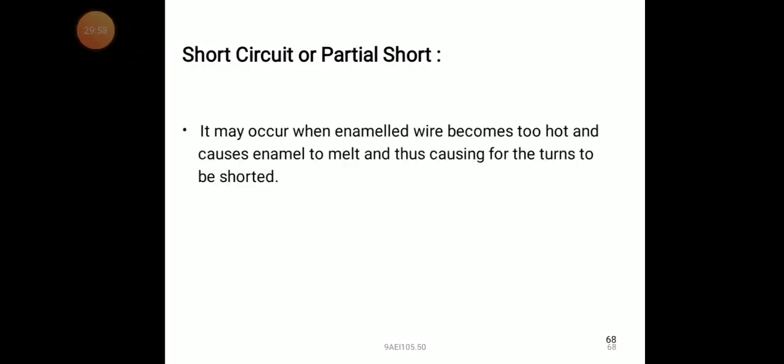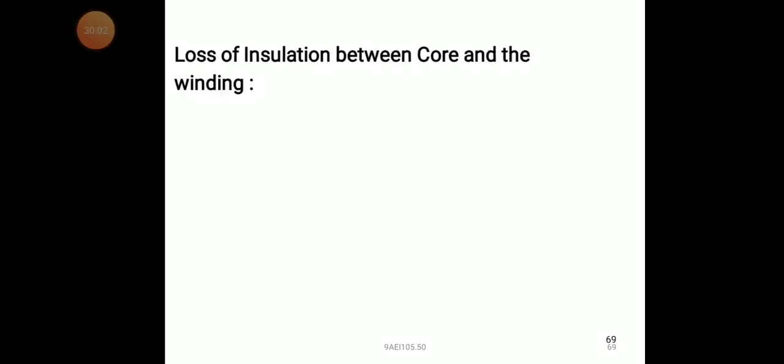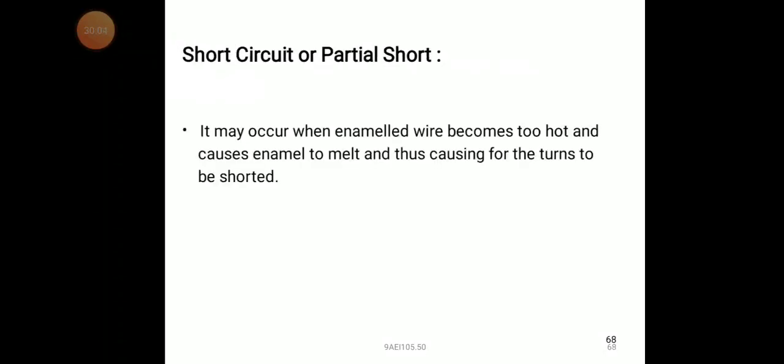The next one is the short circuit or partial short circuit. It may occur when the enameled wire becomes too hot and causes the enamel to melt, thus causing the turns to be shorted. So that is called a short circuit or partial short circuit.